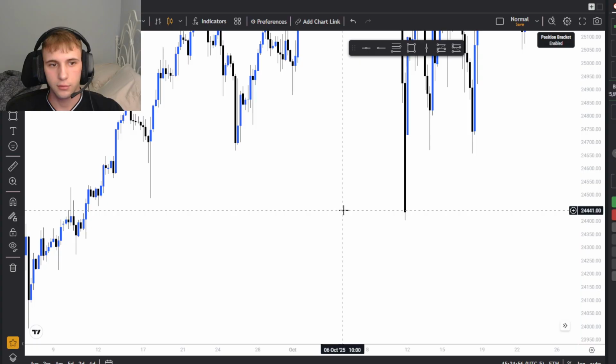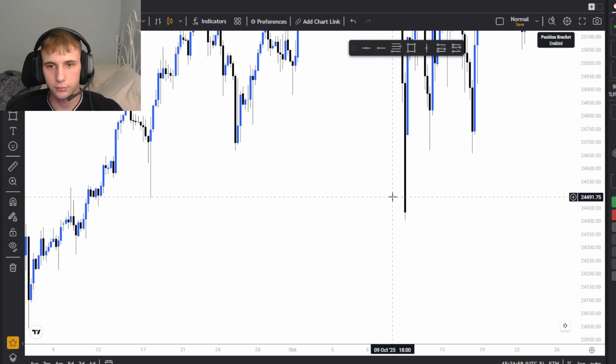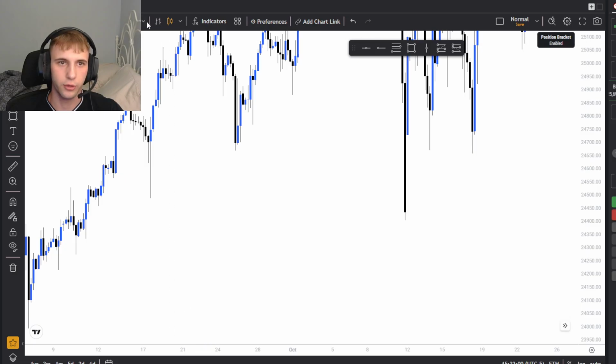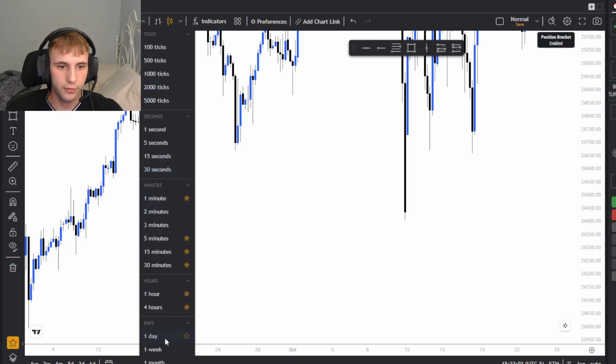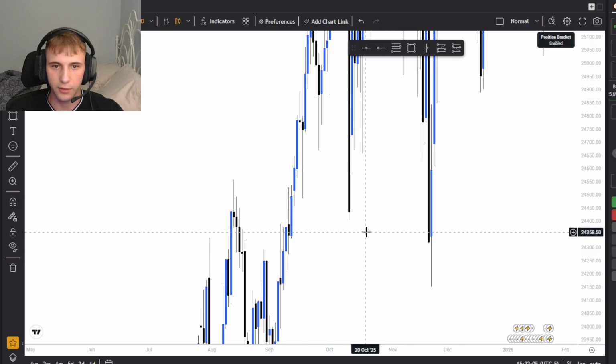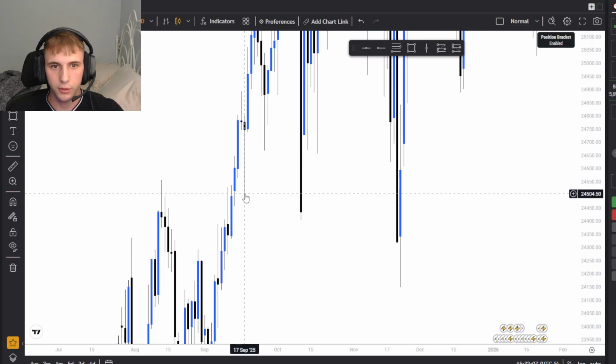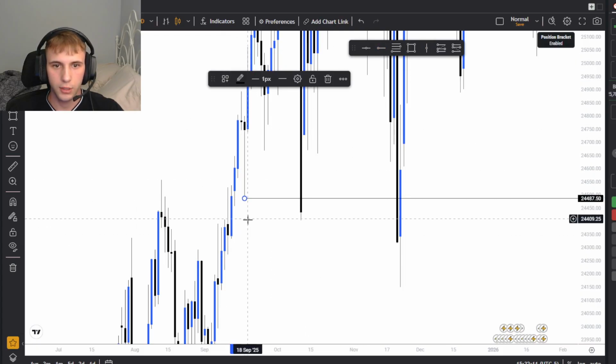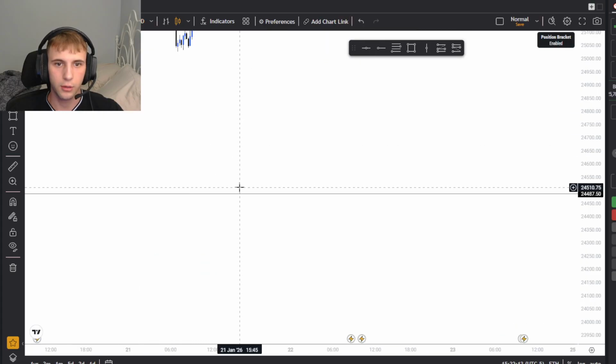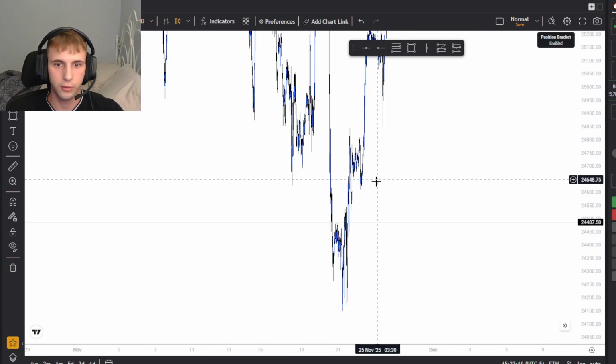And look what happens. Funny enough, even if we go on the daily time frame, this low right here gets taken out. You have to zoom out a lot here.